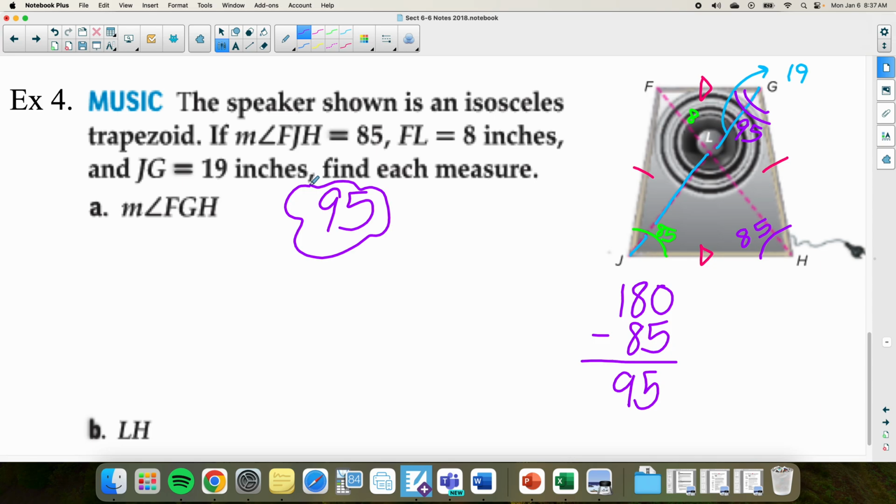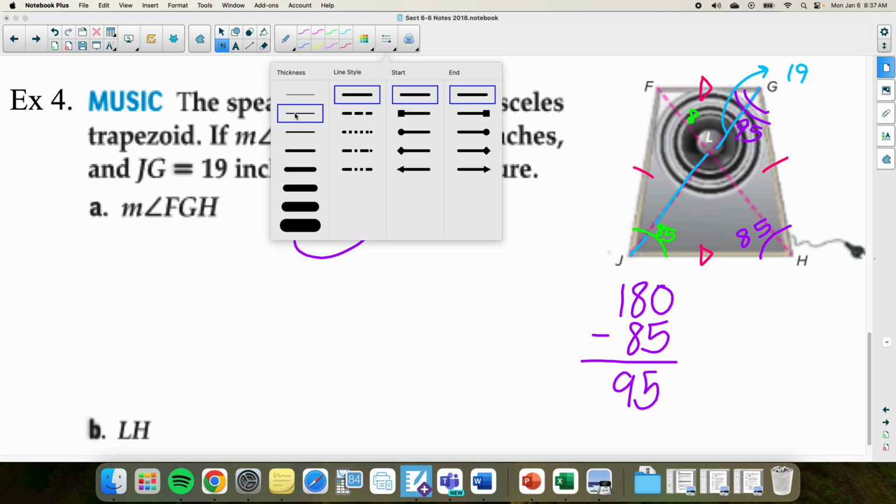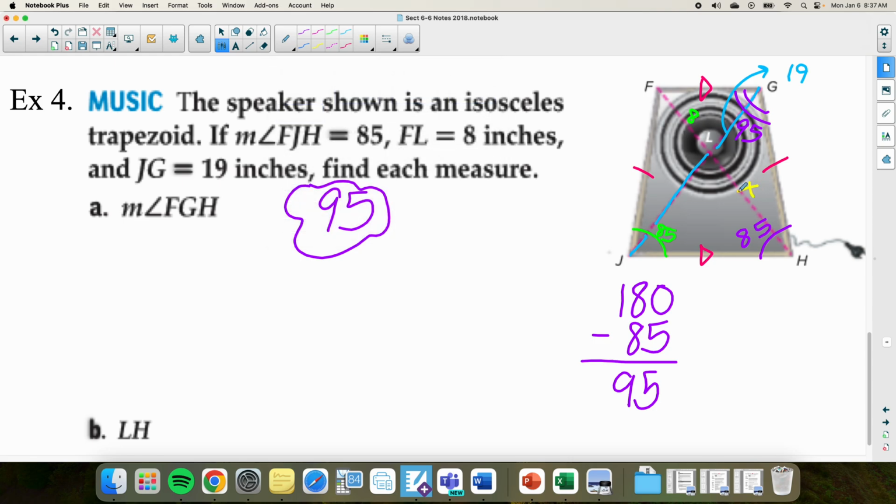Then they're asking us for LH. Okay, so here's the deal. They're asking us for LH right here. So this would be my X in this one. Notice this whole diagonal is 19, and one piece of this is 8. So to find the other piece, you'd go 19 minus 8.